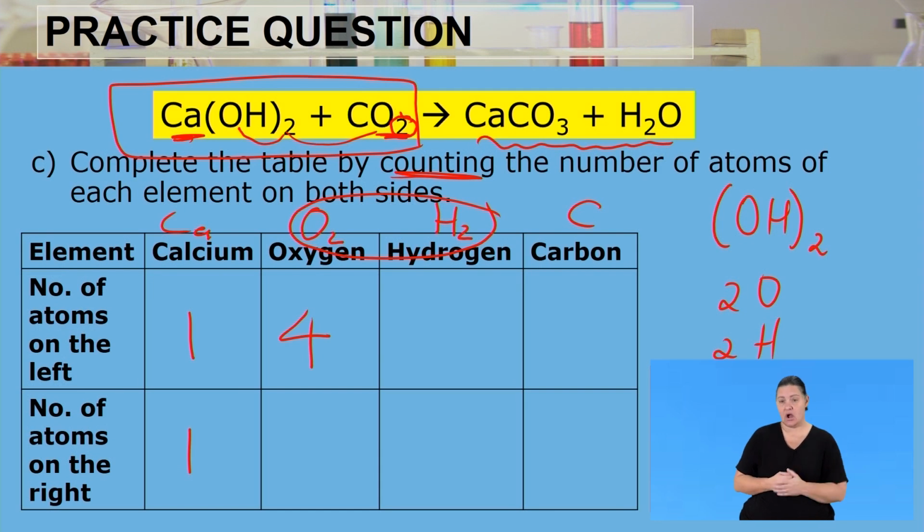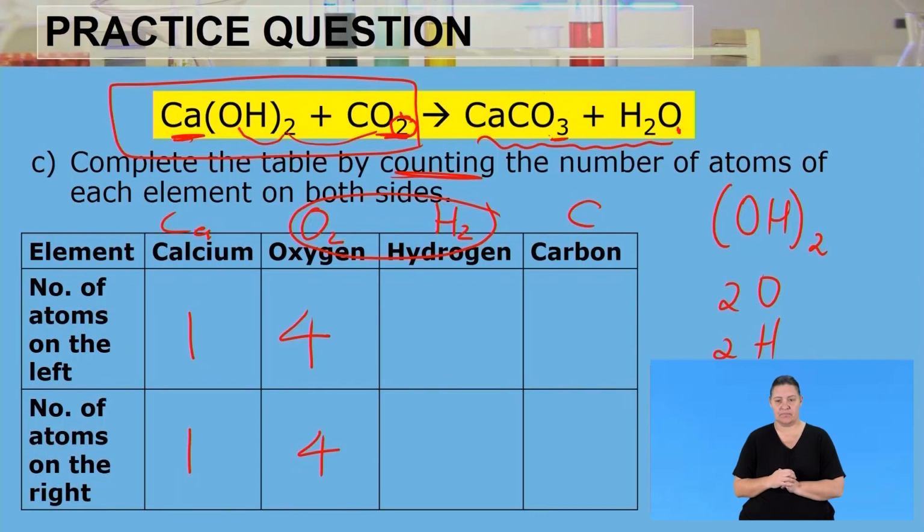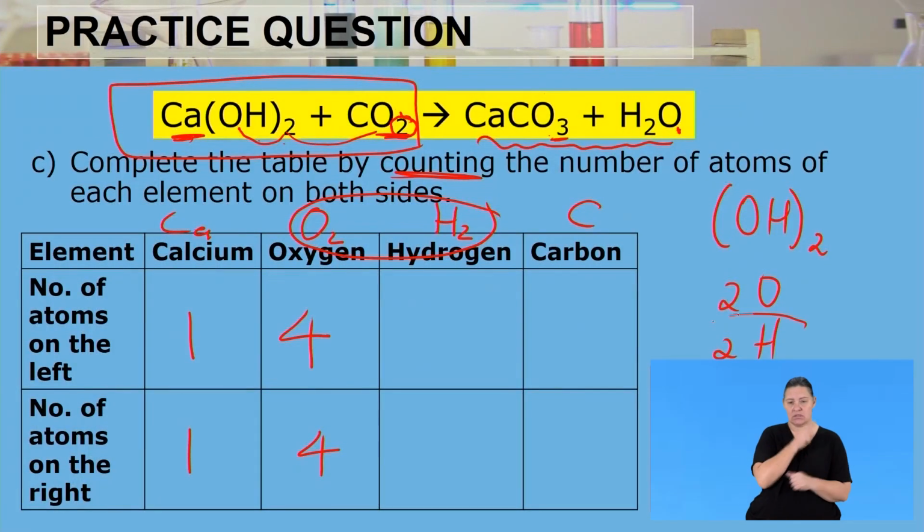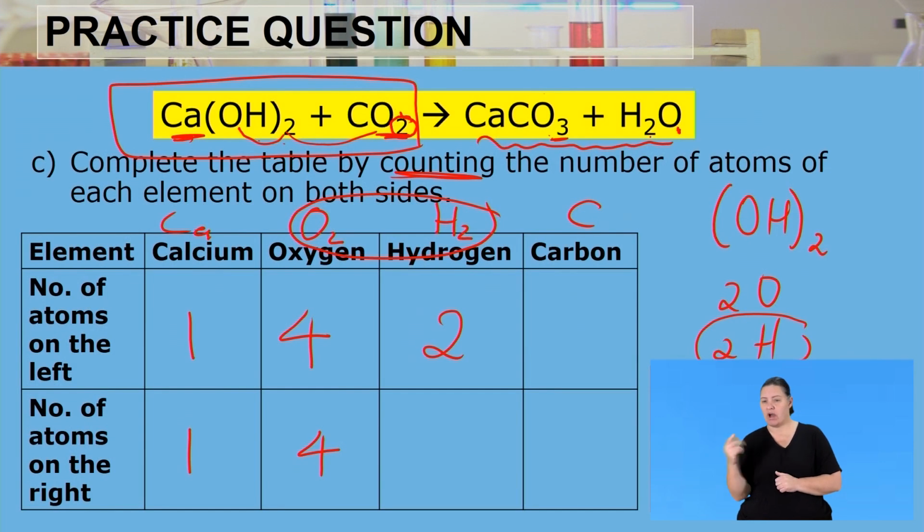Then on the right-hand side, we have the subscript of 3, so it's 3 oxygens, and then there's a subscript of 1. Remember, if there's no number, the subscript is 1. So it's 3 plus 1, still 4. Then hydrogen. How many do we have on the left-hand side and how many on the right-hand side? On the left-hand side, we calculated that we have 2 hydrogens. And on the right-hand side, the subscript stands for that particular symbol, which is the H, so we still have 2 hydrogens.